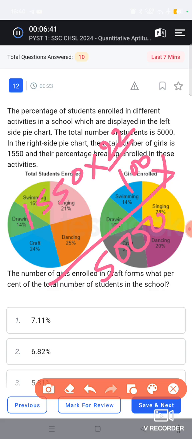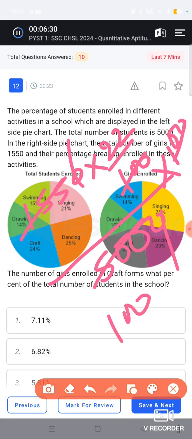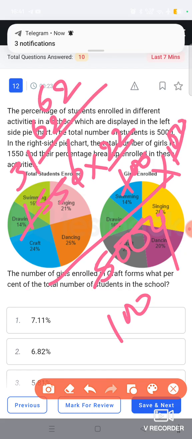Overall, 100 into 100, 100 cancels, 10 cancels, and it means 6.82.